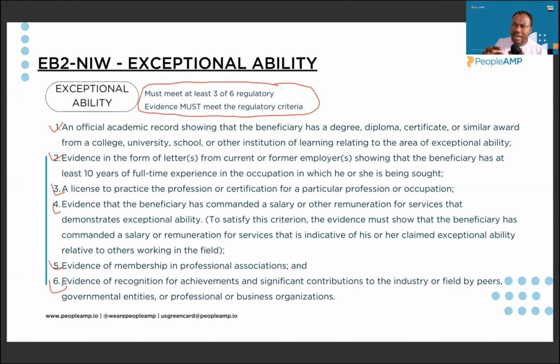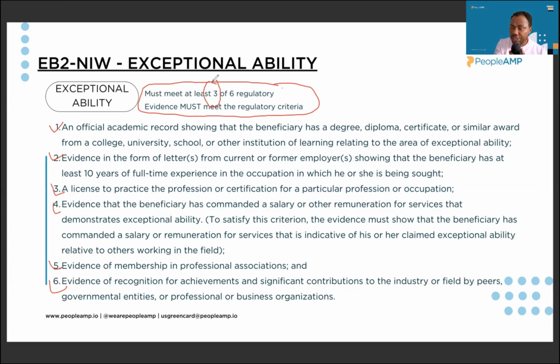What USCIS says is that for you to prove that you have exceptional ability, you need to meet 3 out of these criteria, right? So it's called regulatory criteria. And USCIS says that if you can meet 3 of them, you are exactly the same as somebody who has a BSc plus 5 years of work experience. You are also the same as somebody who has a master's degree. You are all equivalent.